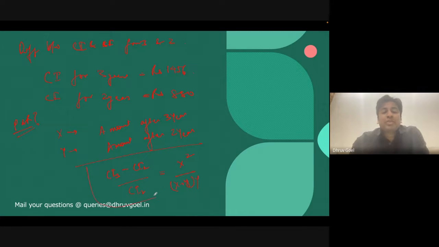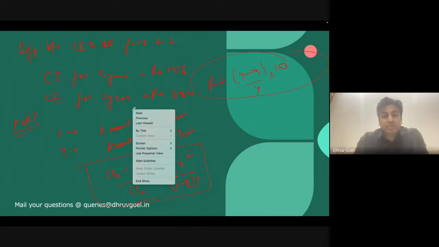You just have to remember this formula. That is, x squared upon (x plus y) into y is nothing but CI for 3 years minus CI for 2 years divided by CI for 2 years. And the value of R is equal to (x minus y) upon y into 100. If you remember this, now let's try to solve the question based on this concept.